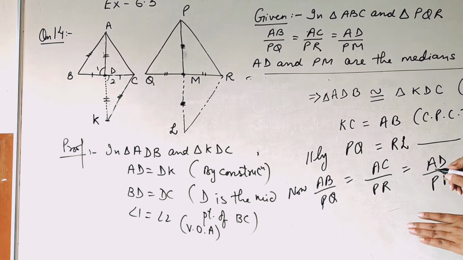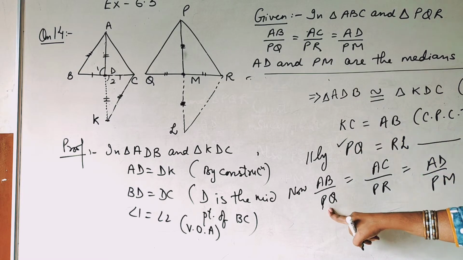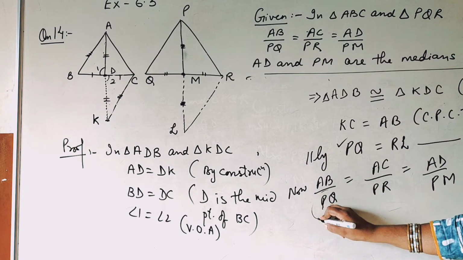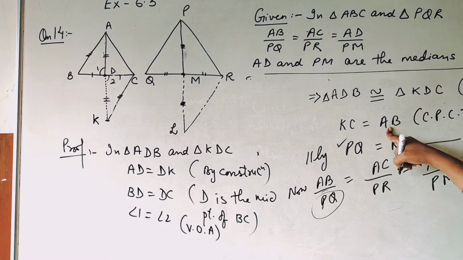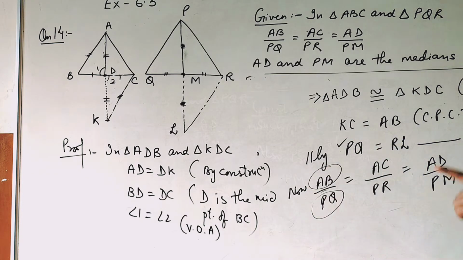In spite of PQ, I will write RL. In spite of AB, I will write KC. And one more thing I would like to do here: I will multiply 2 with the numerator and denominator.